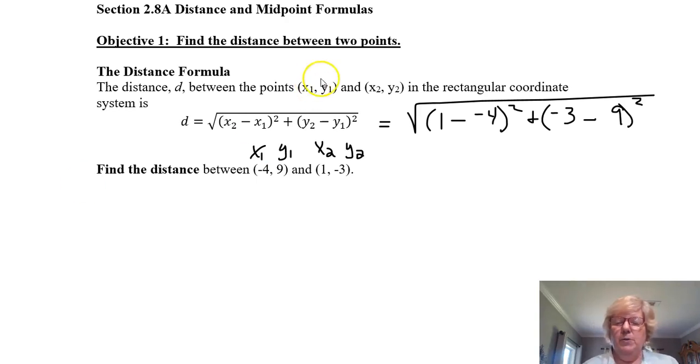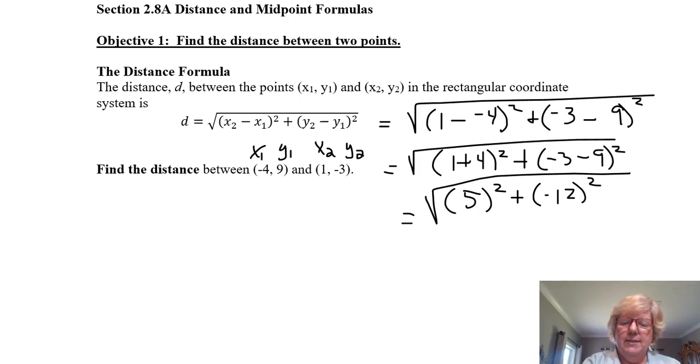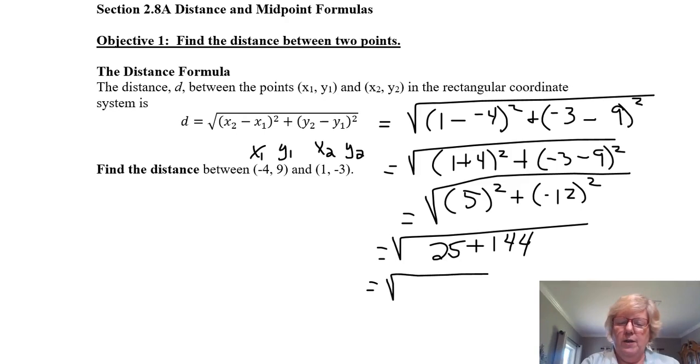Now any of these double negatives become a positive, so that will equal 1 plus 4 squared plus -3 minus 9 squared, which is 5 squared and -12 squared, which is 25 plus 144, which is the square root of 169.